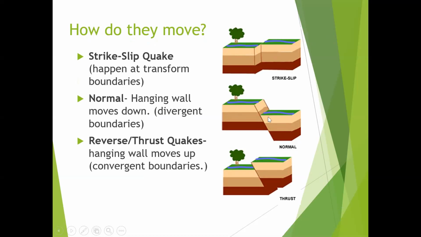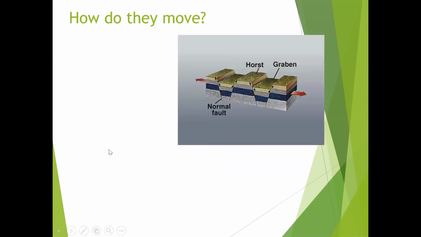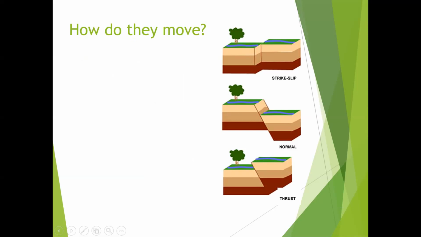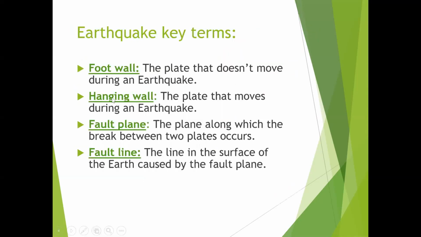Then we have our reverse thrust quake, and that's when the hanging wall is going to move up, and this happens at convergent boundaries. So normal means that our hanging wall moves down, and that's at a divergent boundary. A reverse is when the hanging wall is going to move up. So remember, our hanging wall is the plate that moves. Your footwall does not move.